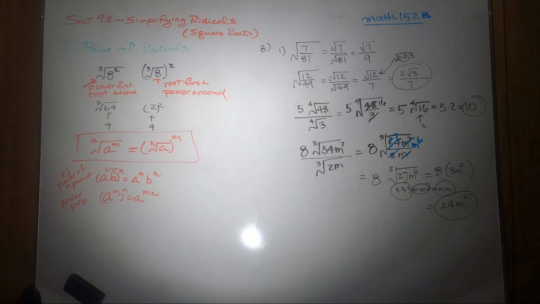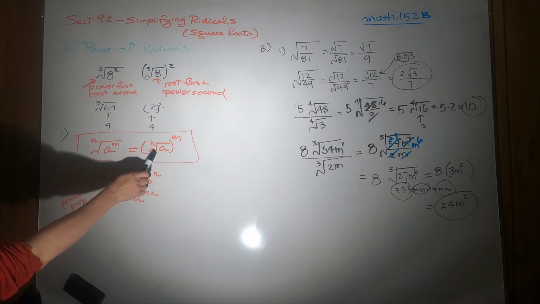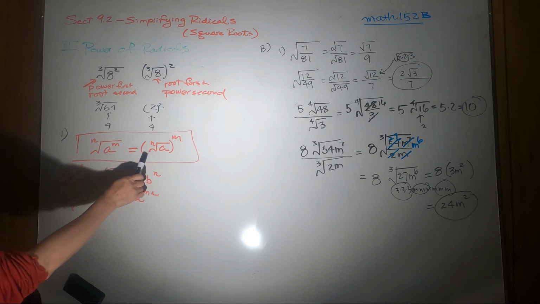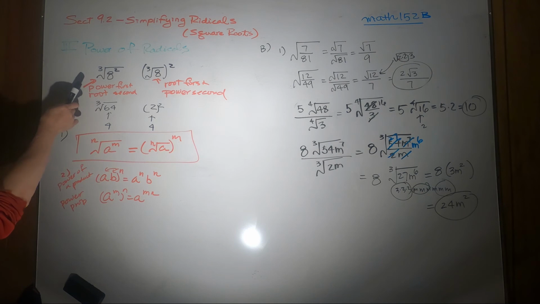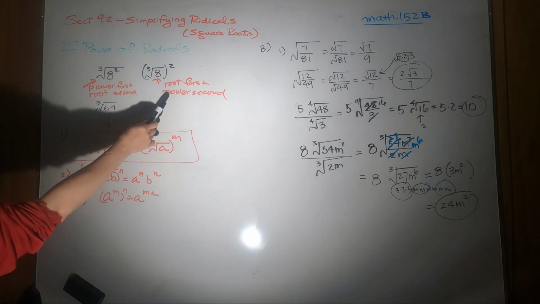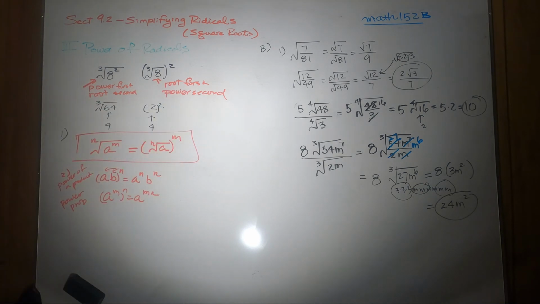So when we have a bunch of radicals, we are going to take some powers. We are going to use all those properties. First one, we have those properties, and you take a power first and root second, or root first and power second.